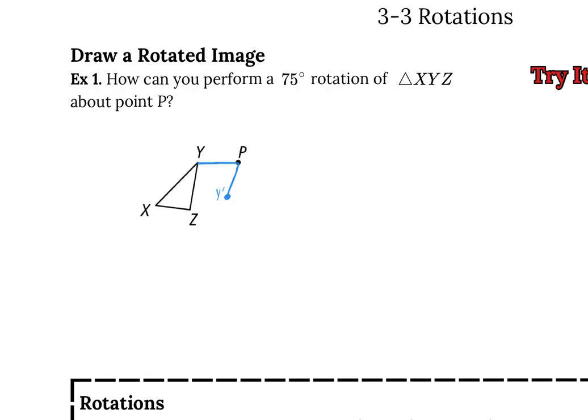I'm going to do the same thing for Z. So this is my original Z. I would be rotating it 75 degrees. Distance would be the same. So it'd be Z prime, and then X. Okay, so I would rotate that 75 degrees.